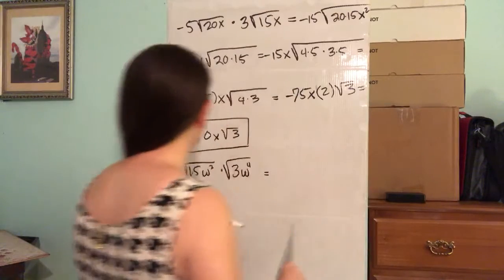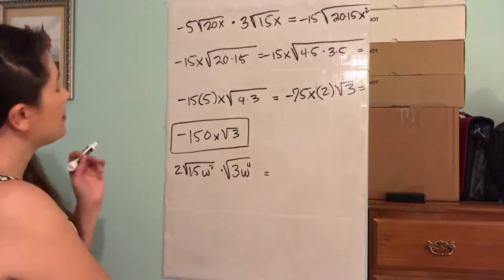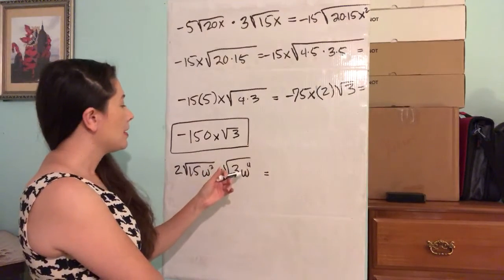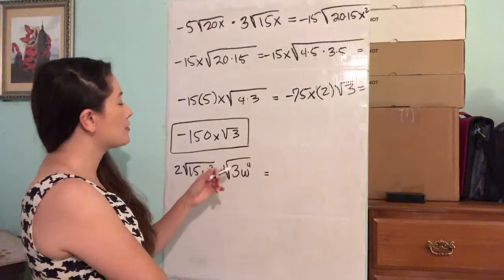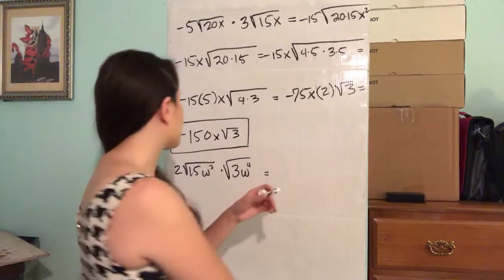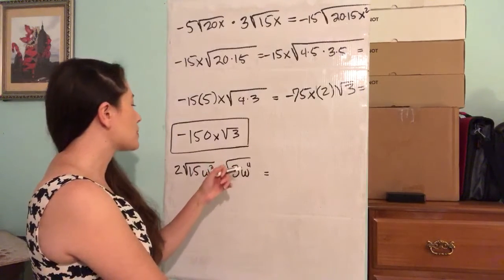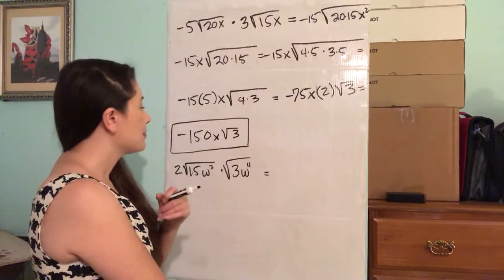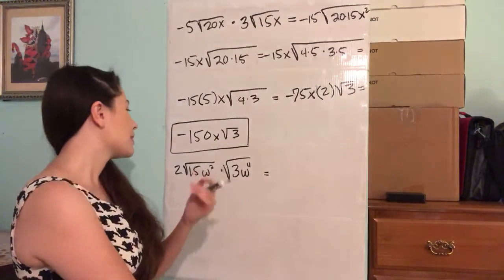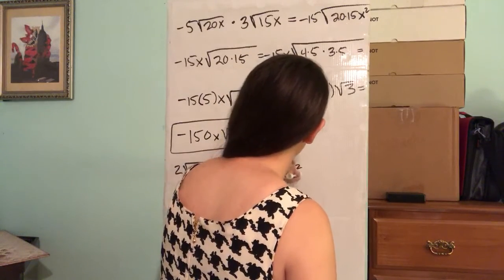Okay, so first of all, I look at w to the 4th power. The square root of w to the 4th power is going to be w squared, right? Because if these exponents are underneath the radical, you can just divide them by half, and this is an even number. So you're going to get 2w squared.